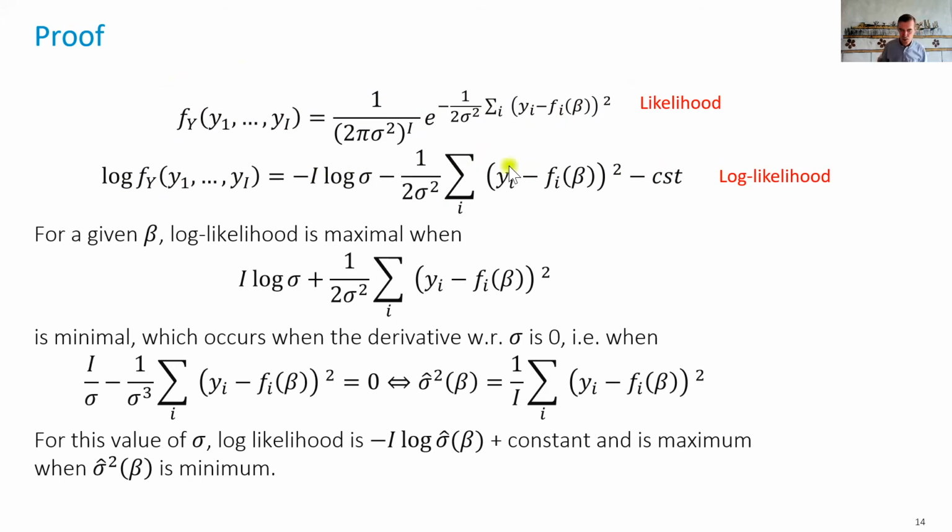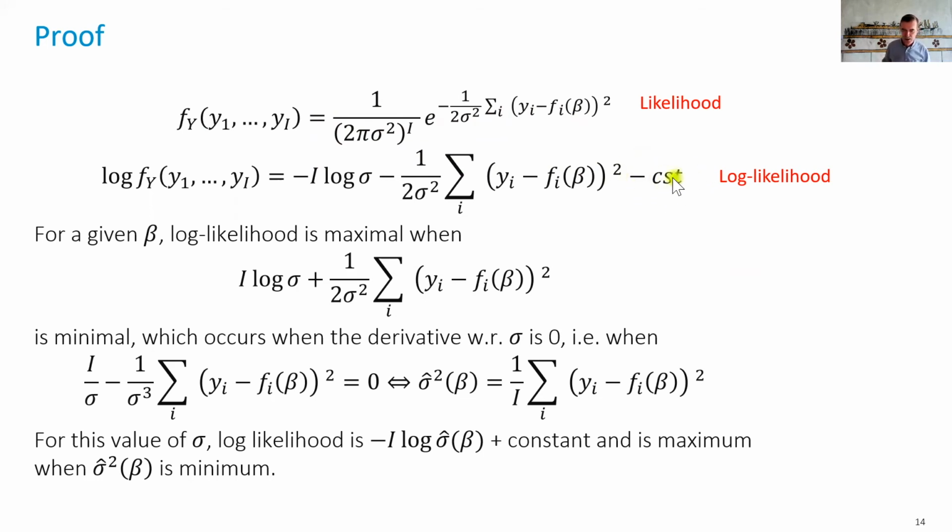That gives me this quantity: minus I log sigma, which comes from this sigma to the power I. Plus there is the 2 pi term, but we don't care about it because in the estimation we want to find sigma and beta here. And this 2 pi is a constant. The number of data points, I, is a constant. So this term has the same value for all values of the optimization variables sigma and beta, so we can ignore it.